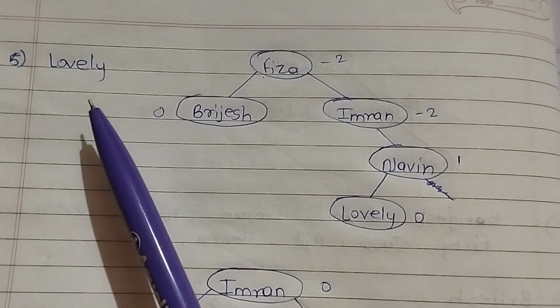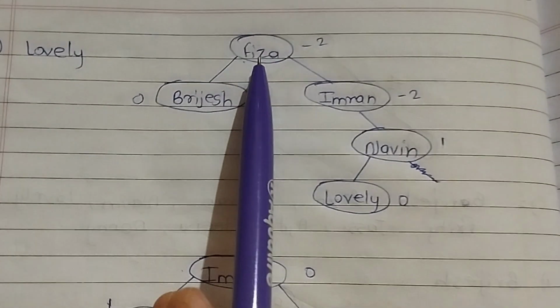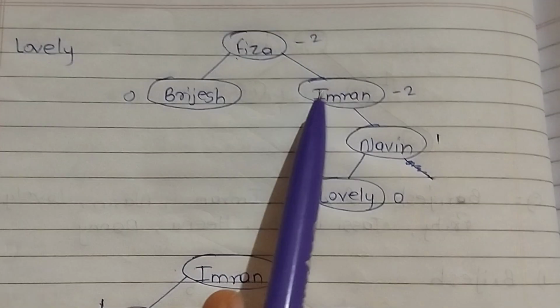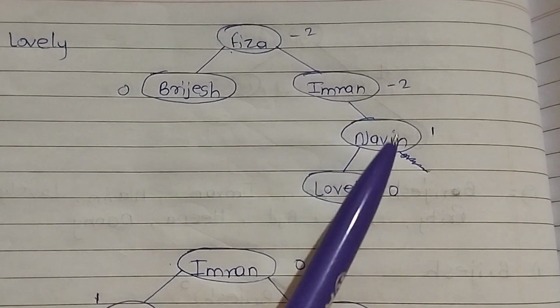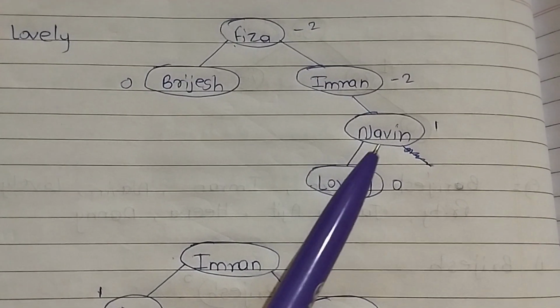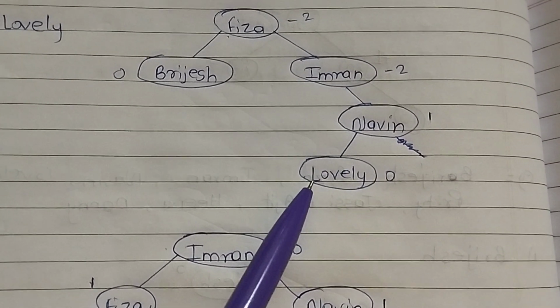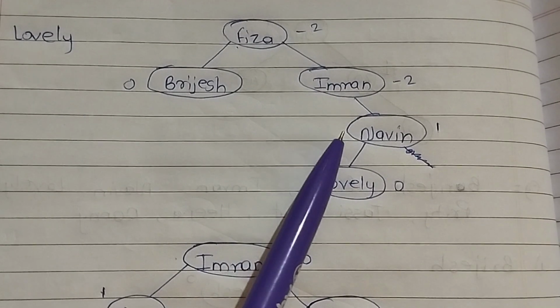Now Lovely is the word. L is greater than F, greater than I, but smaller than N. So it goes to the left side of Naveen, because N is greater and L is smaller. Again we count the balance factor.